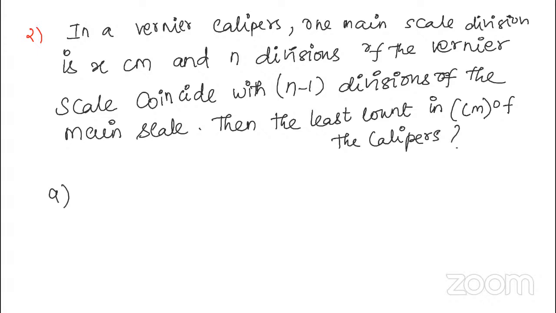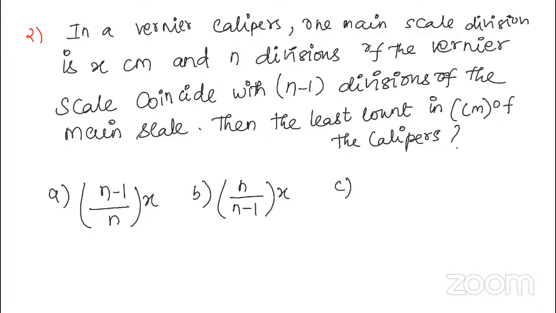Here they are given the options: A is n minus 1 divided by n into x, B is n divided by n minus 1 into x, C is x divided by n, and D is x divided by n minus 1. How to solve this one? Let us see one by one. Solution for the problem.